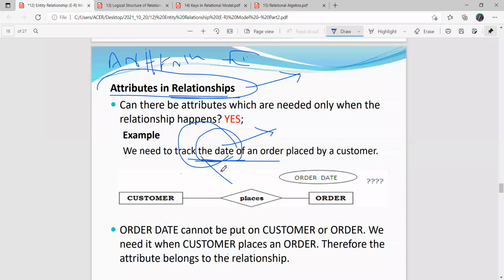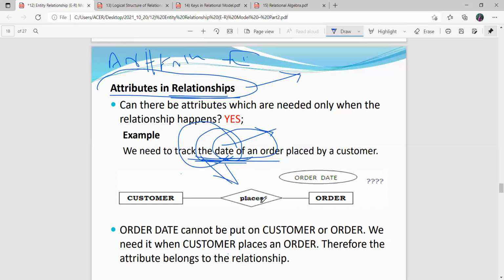So this date occurs when the order is placed. We can take this order date as the attribute in the relationship.